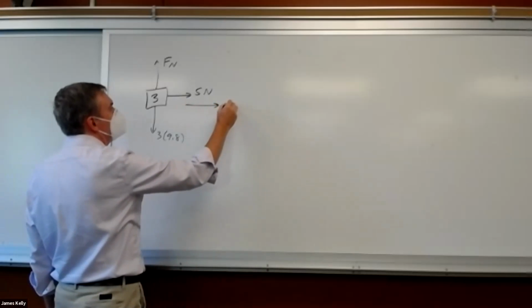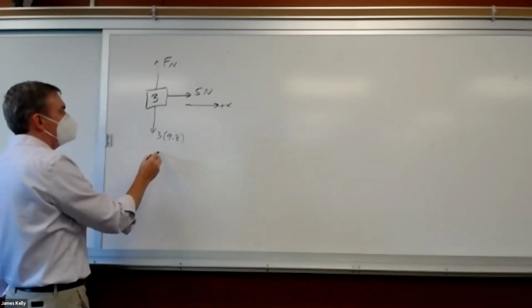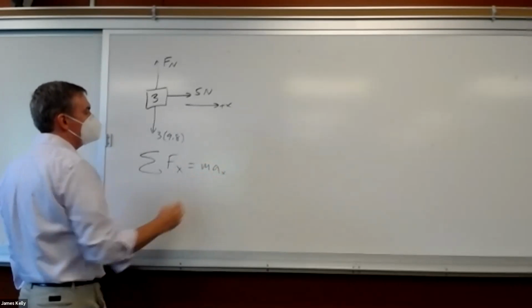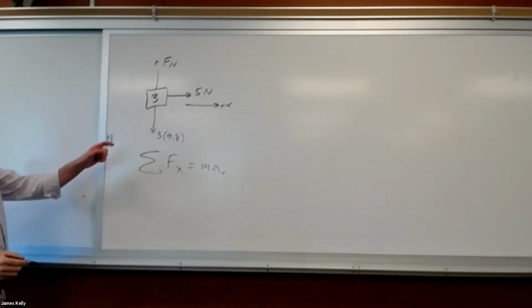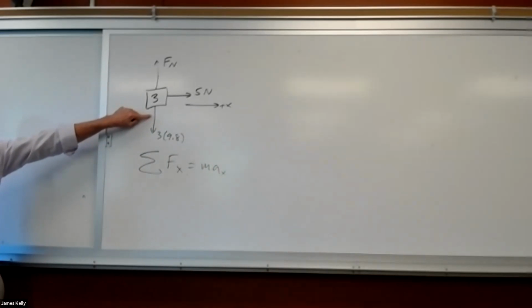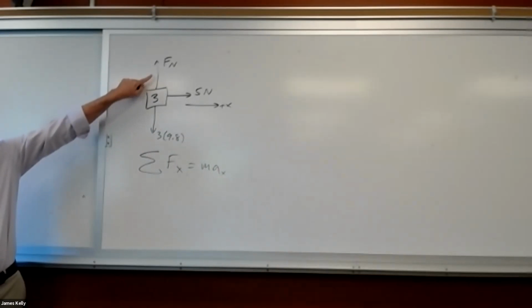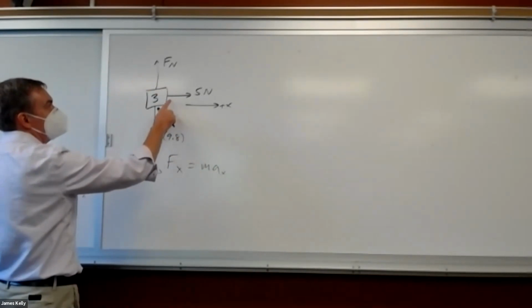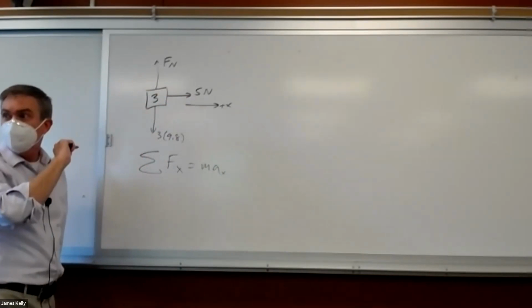If I choose plus x in this direction, I could do the sum of the forces in x equals m a_x. What's the x component of this force? 0. 0 still, so that's easy. The only thing that I have to add up is this 5 Newton force, and it's a positive x component. Everybody see how to do that?